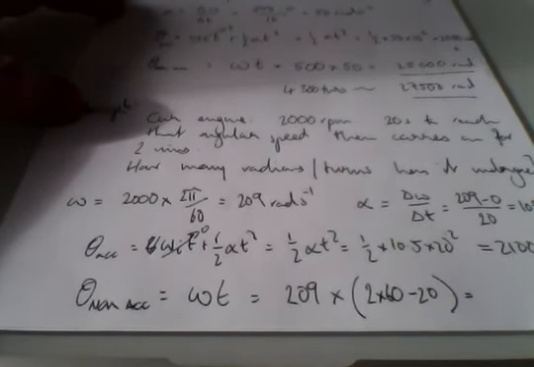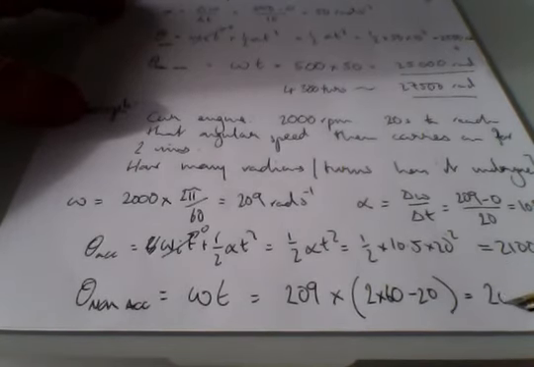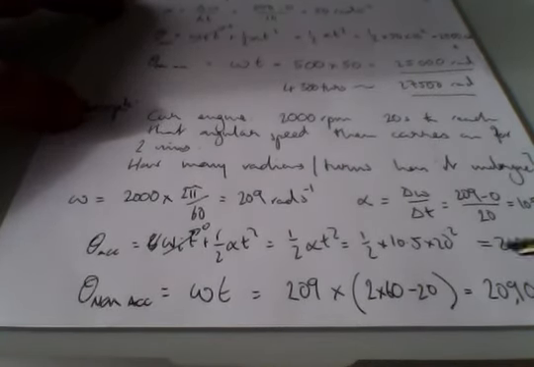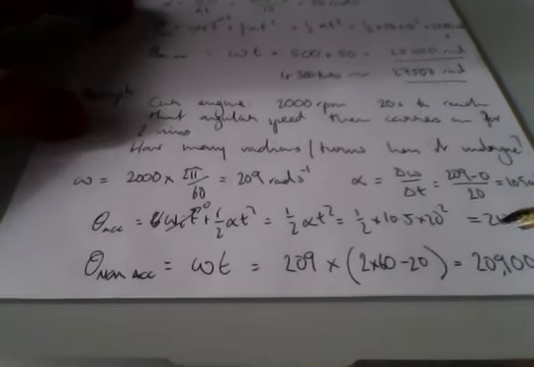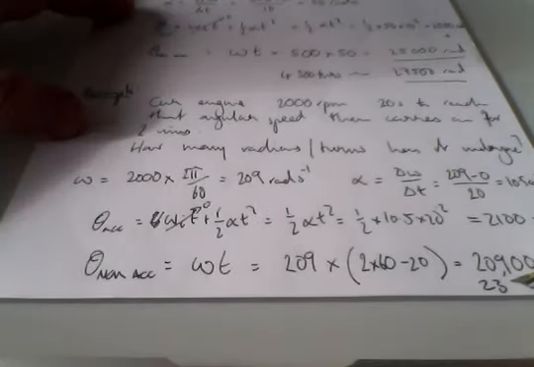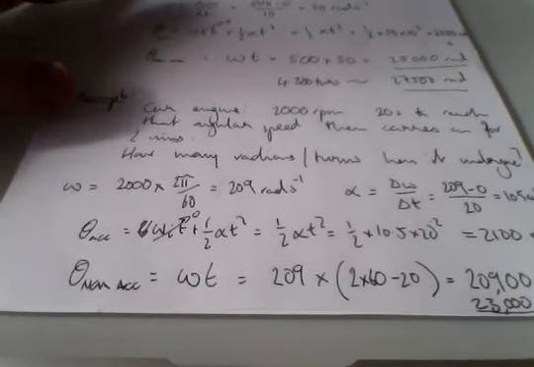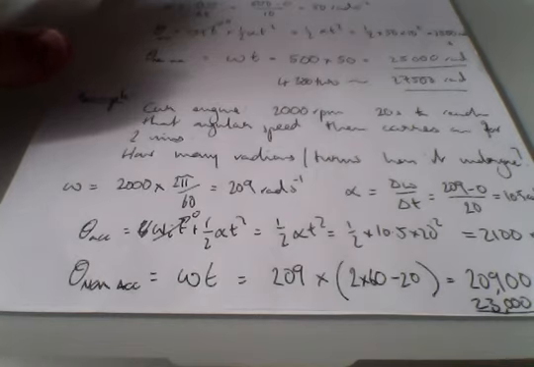So that's 209,000 rads. Add these two together and that gives us finally 23,000 radians. Good, hope that's all made sense. Next time we'll move on to new ideas.